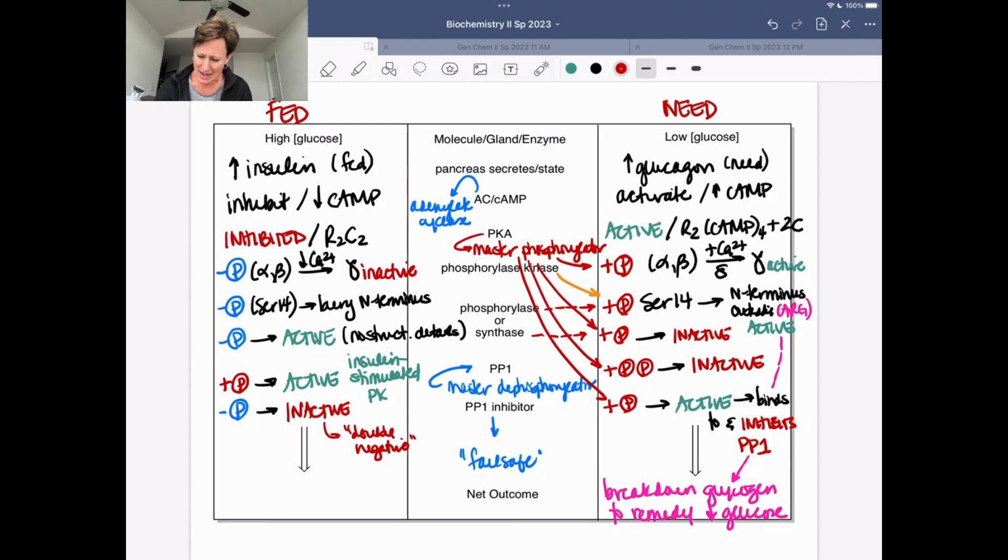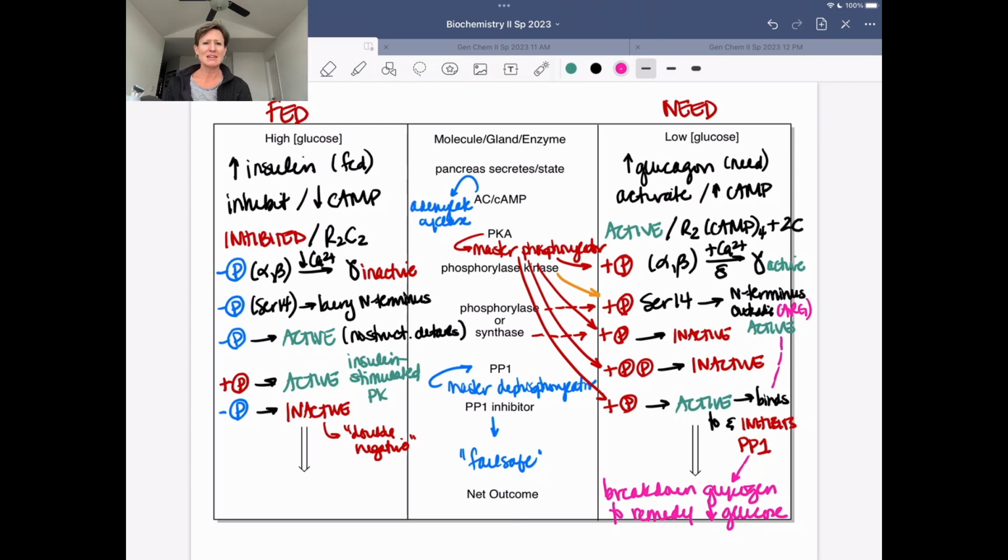One more little arrow to put on here to finish this out. Remember, we need to be able to connect our situation here with fed state, high glucose. How do we help remedy that? Well, one of the ways is in the liver, and this happens in the muscles too, but we're specifically talking about liver: we want to be pulling in that glucose. It's going to come in through GLUT2 because it's higher concentration outside than in.